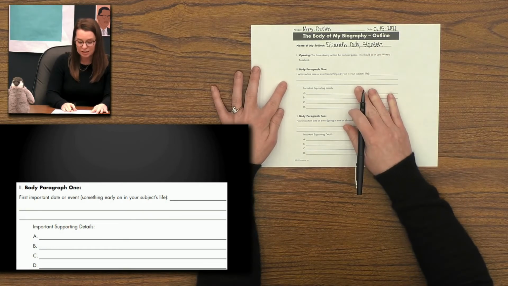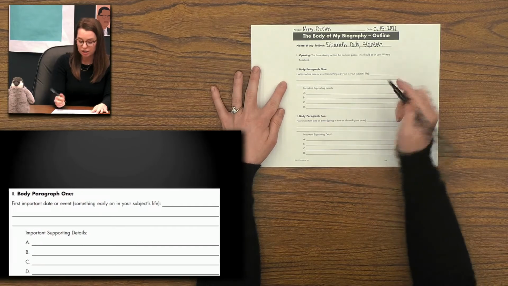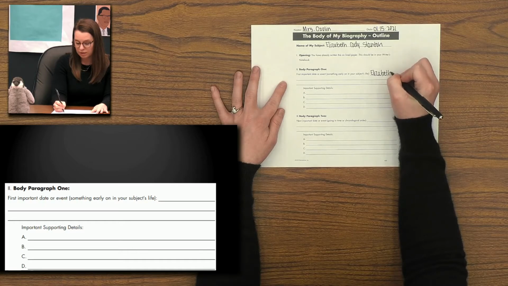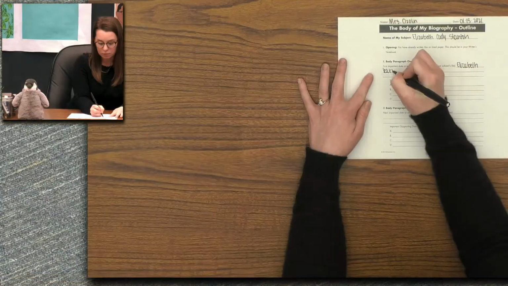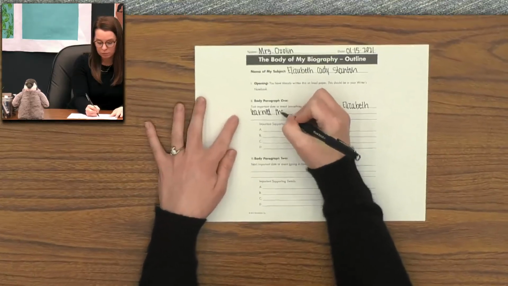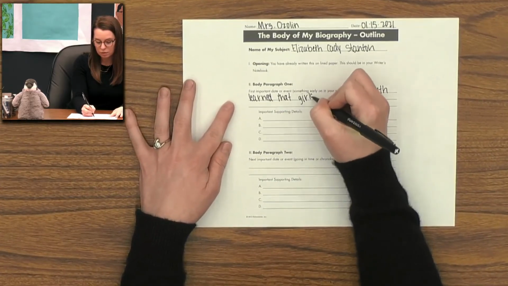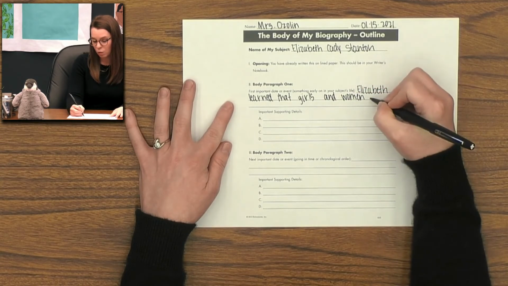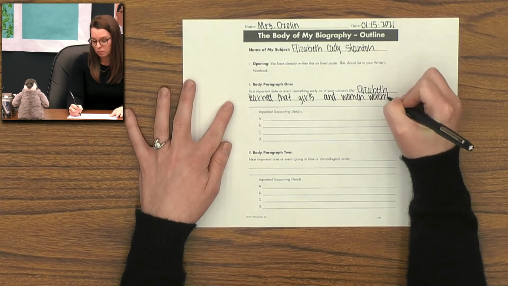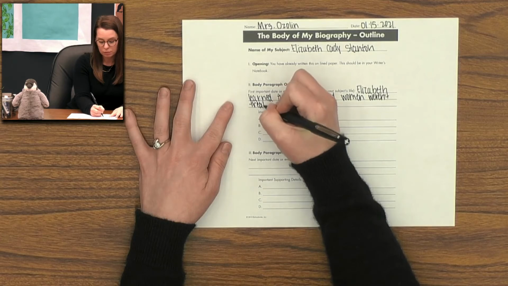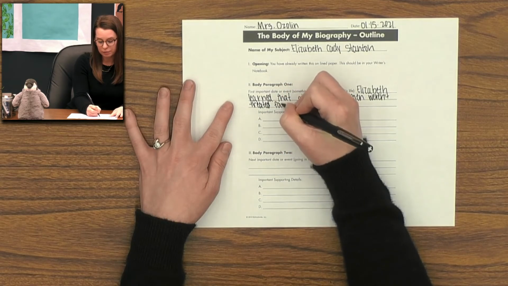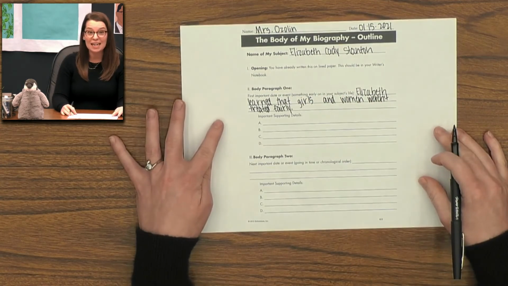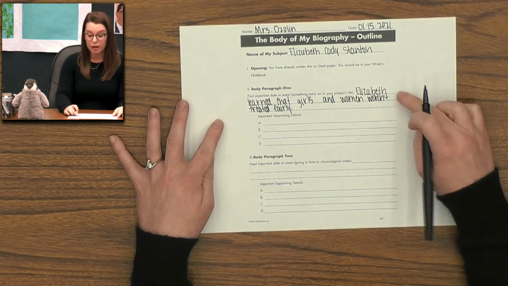And the first, it's not a date, but it's an event, something early on in your subject's life, is Elizabeth learned that girls and women weren't treated fairly. That's a big idea. So on your graphic organizer, I want you to write that as well.